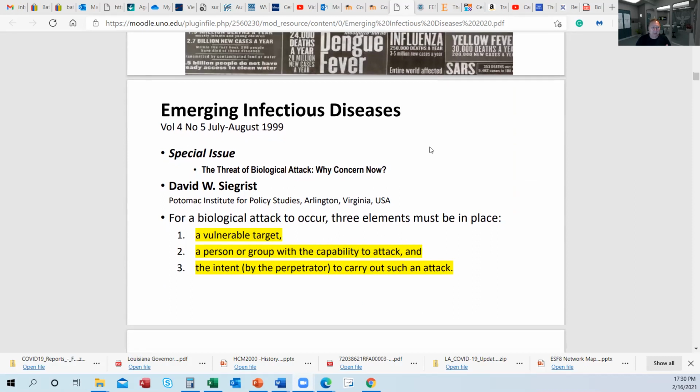It is important to think in terms of emerging infectious disease as a threat for biological attack. How do you take something that's either a virus or a bacteria and weaponize it in a way that it could hurt or put at risk significant portions of the population?